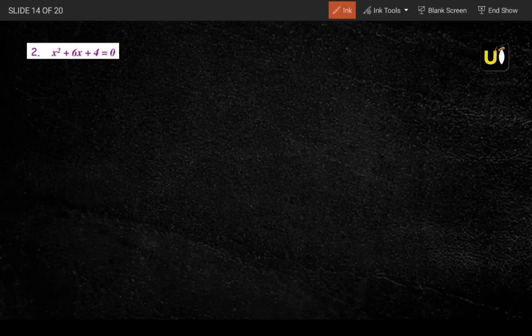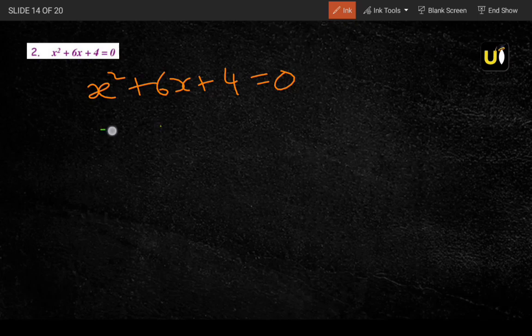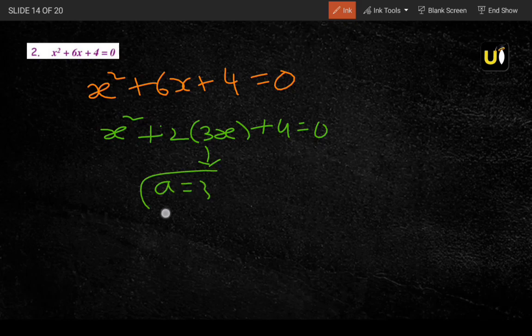So now let's solve this question to get more clarity on the method. We were given x square plus 6x plus 4 is equal to 0. How is this looking? x square plus 2 into 3x plus 4. That means here a can be 3.